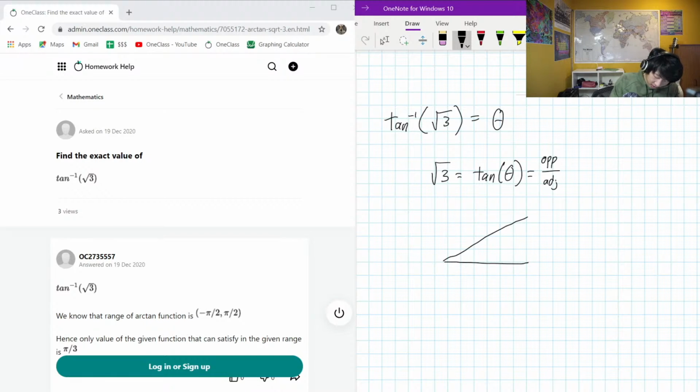Essentially, if we have a right angle triangle like this, let's call this opposite, adjacent, and that's theta. We know that opposite over adjacent is equal to root 3.